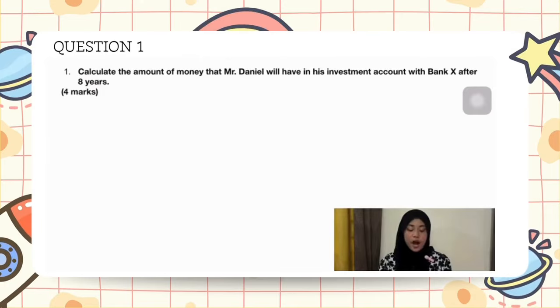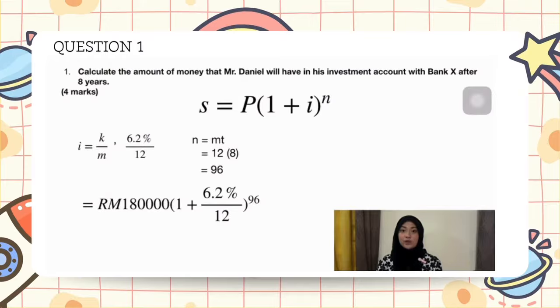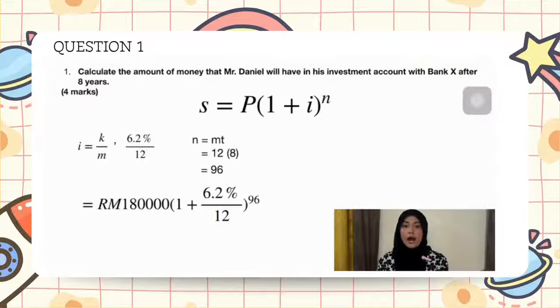First question. Calculate the amount of money that Mr. Daniel will have in his investment account with Bank X after 8 years. For this question, we have to use this formula. What is I? I equals K per M. As for our K, it's 6.2% and our M is 12 because it's compounded monthly.